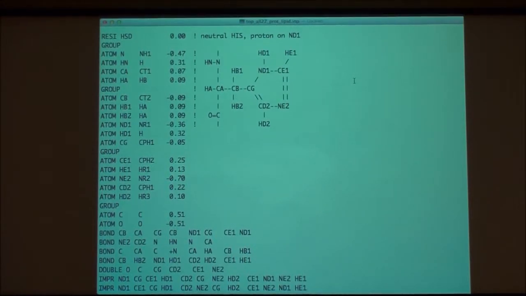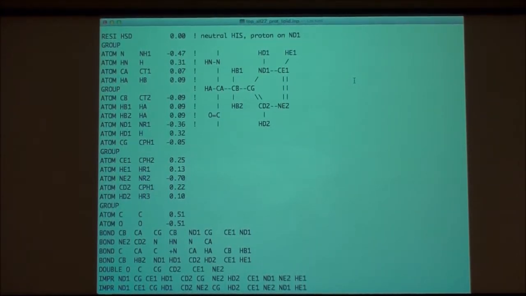So if you have a change in the protonation state and a charge state of part of the molecular system, we will not have it included in here. So you have to make up your mind what is the most representative form of that particular chemical group that you want to use. You want to use a positively charged amino group there, or you want to use a neutral form.